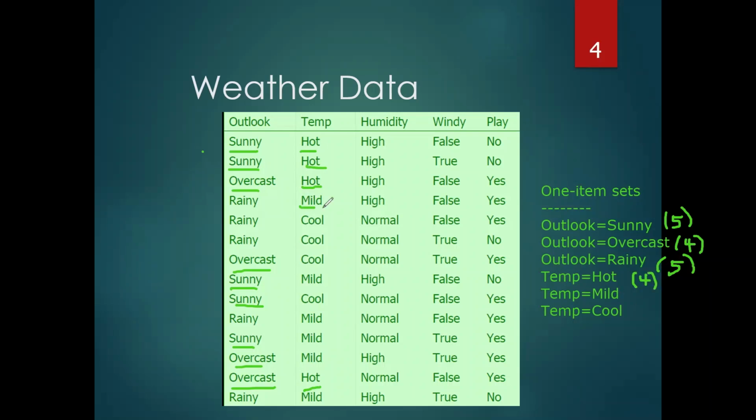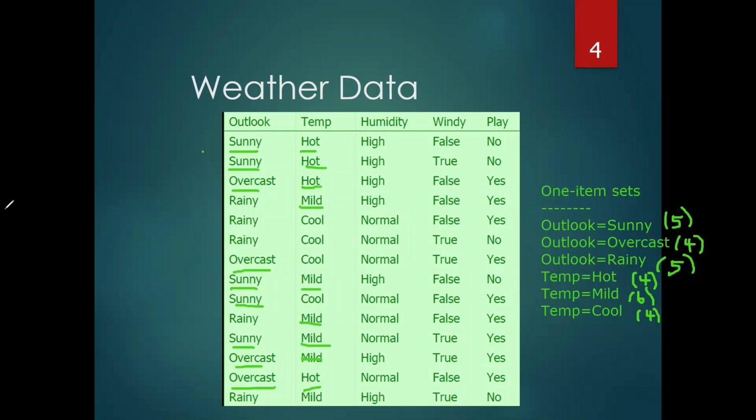Temperature mild 1, 2, 3, 4, 5, and 6. So this is 6. Temperature cool 1, 2, 3, and 4. So these are the one item sets. And within the bracket, we put the support, which means how many times this appears in the data set. Now, this is one item.